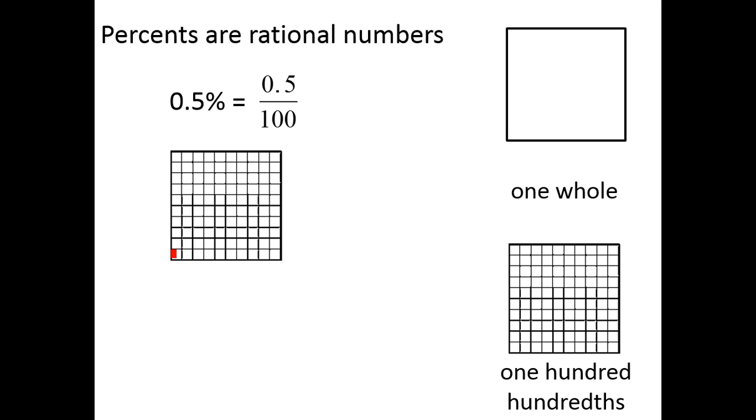So if we think about those 5/10ths of a hundredth, we actually have 5 1,000ths, or 1/200th. So 5/10ths of a percent, half of a percent, is 1/2 of 1 100th, or 1/200th.